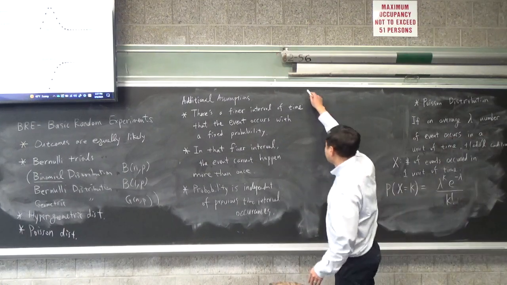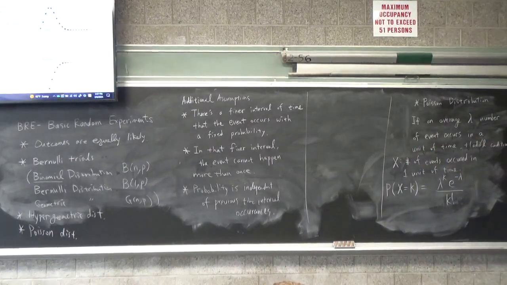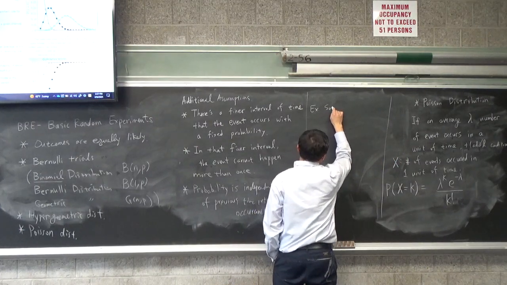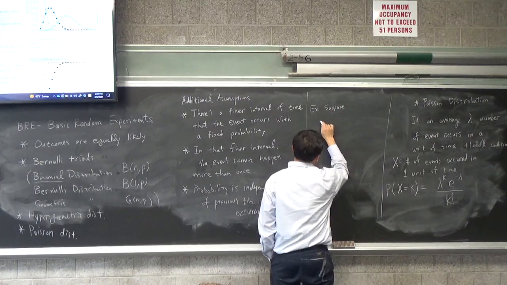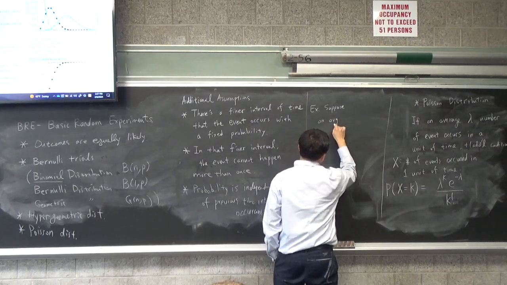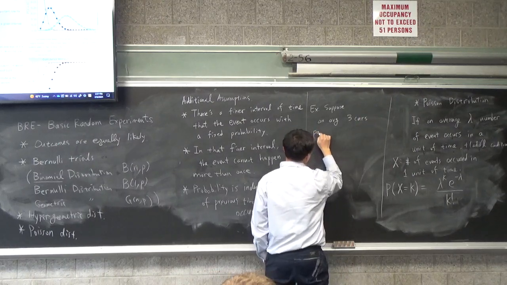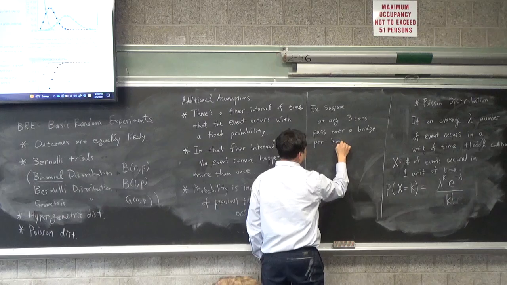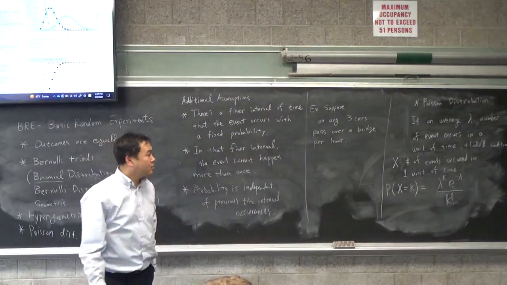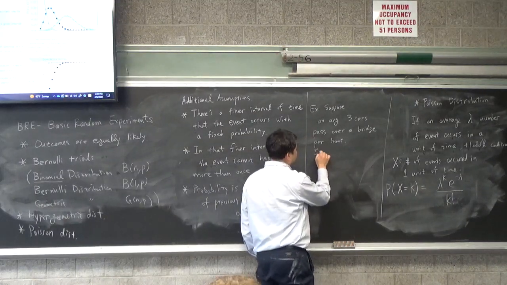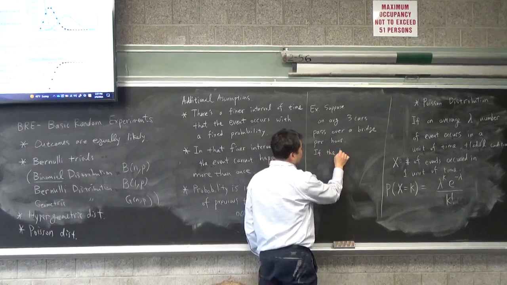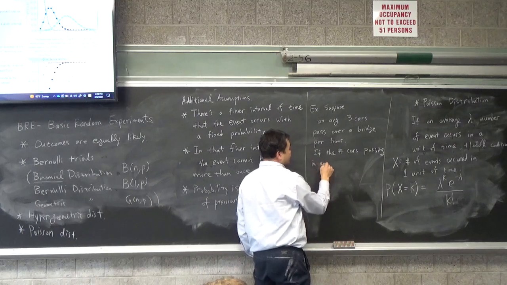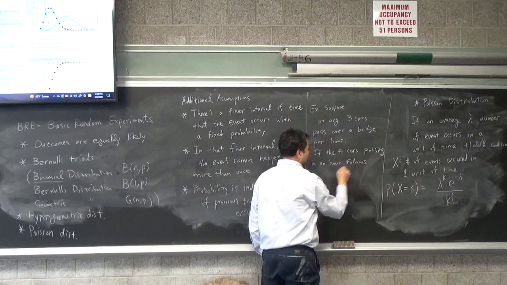All right, so here's an example. Suppose on average 3 cars pass over a bridge per hour, and the number of cars passing in an hour follows a Poisson distribution.